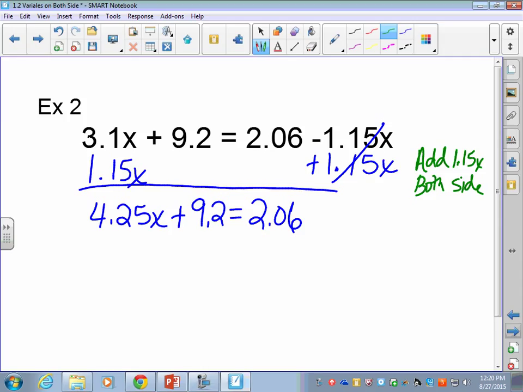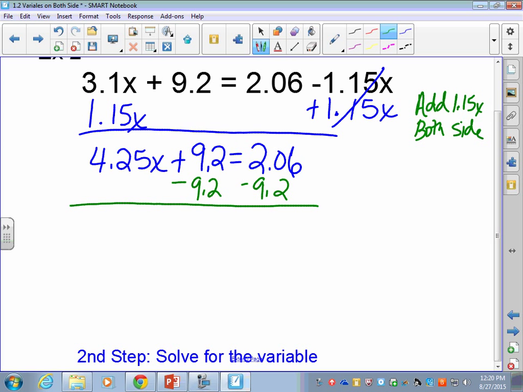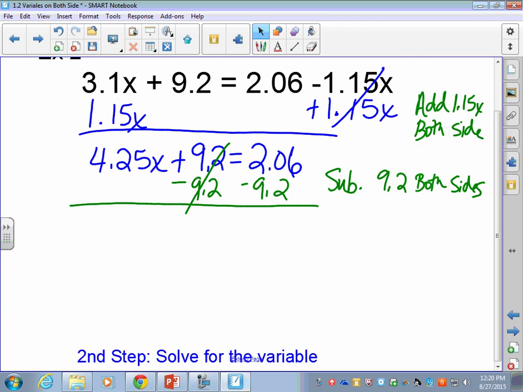All right, we have to get the variables on one side and constants on the other. So what are we going to do now? Subtract 9.2. Yeah, let's subtract, write it, 9.2. So we're going to subtract, this is my abbreviation for subtract, sub 9.2 to both sides. 7 point, you're right.